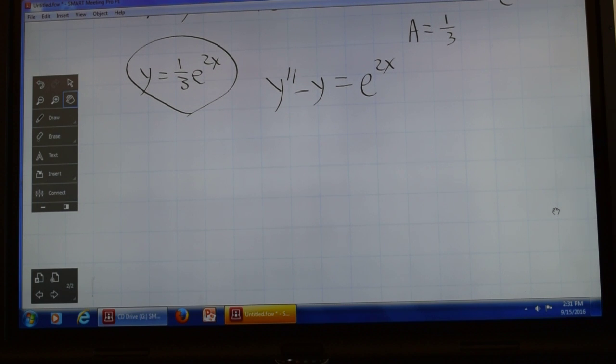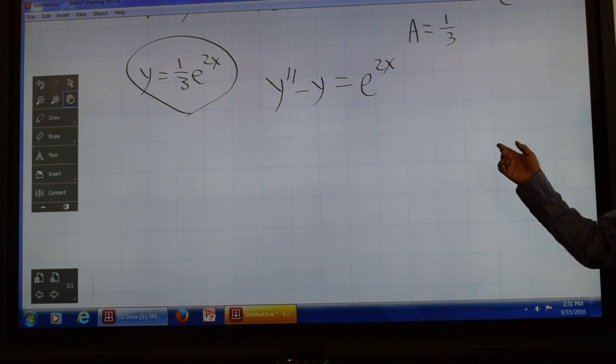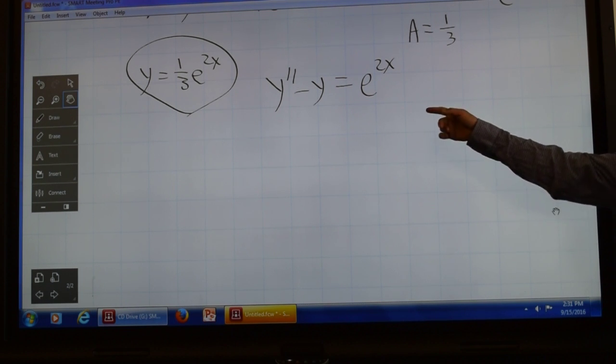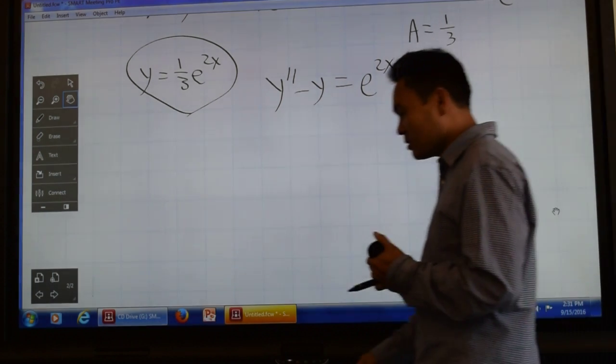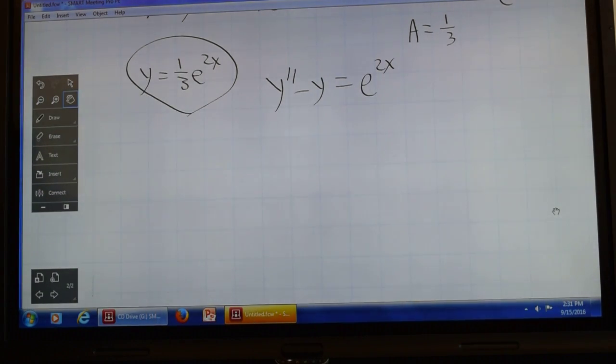So I was expecting something like C1 times 1/3 e to the 2x, but that wouldn't work. Taking C1 times that would just give you another C1 on the right side, so it can't work. And here is the wonderful idea.